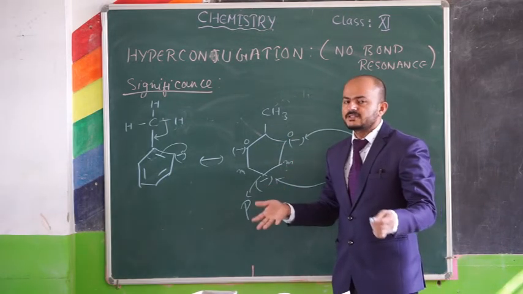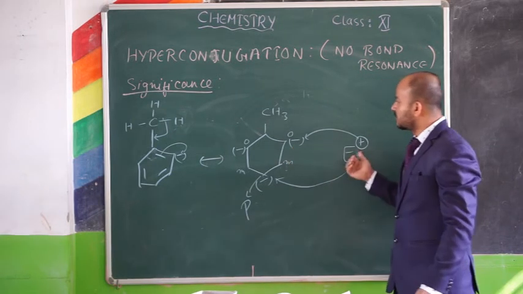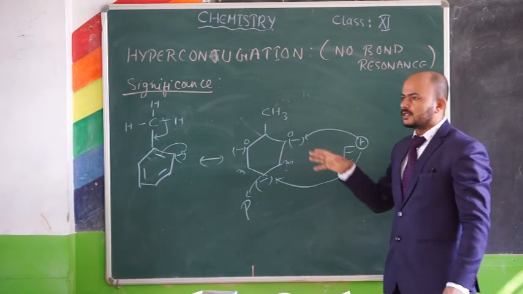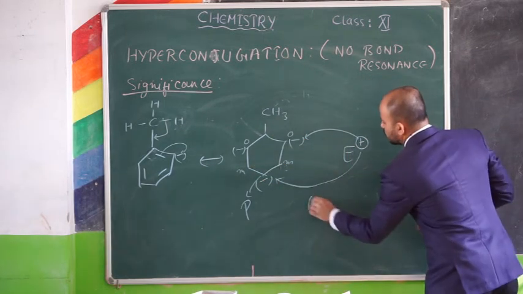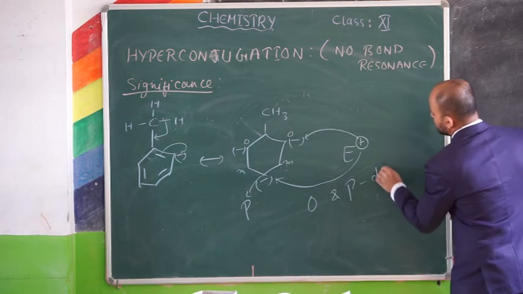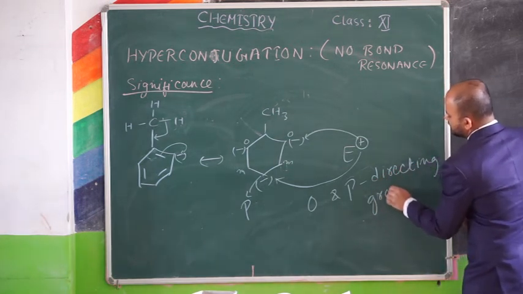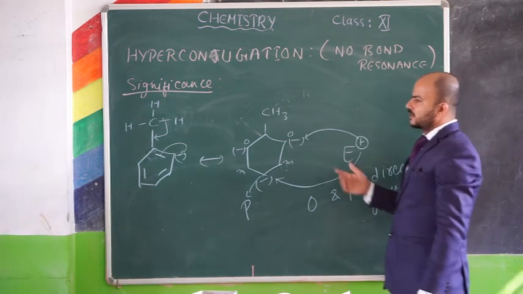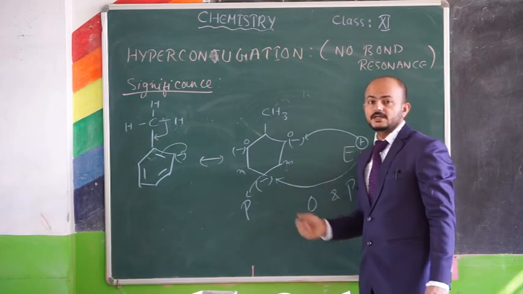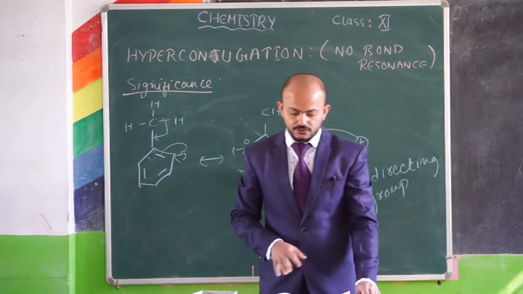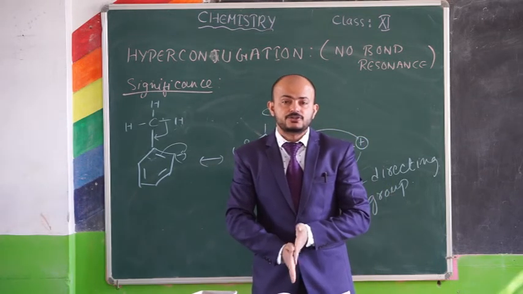Obviously, common sense, if there is some electron loving group, it has to come to that position where there is electron density. Therefore, whenever this CH3 group shows hyperconjugation, it will act as an ortho and para directing group. Ortho-para directing group means it will force the incoming electrophile to come to either the ortho position or the para position, but not to the meta position. Okay, so with this we come to the end of the application of hyperconjugation.